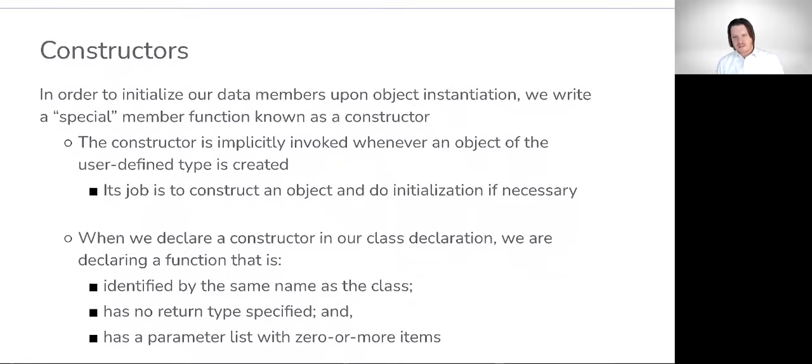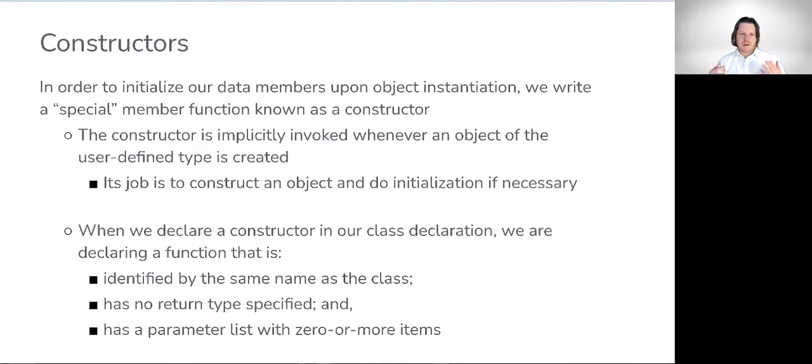So constructors, this is how we're going to build these objects up. They essentially provide them with initialization, or their starting state. In order to initialize our data members upon object instantiation, that is, within a declaration, at this point we'd want C1 to take on valid values and for this object to be built up, because right after this line, C1 is a full-fledged color object.